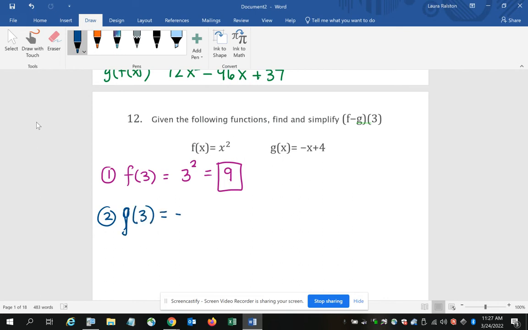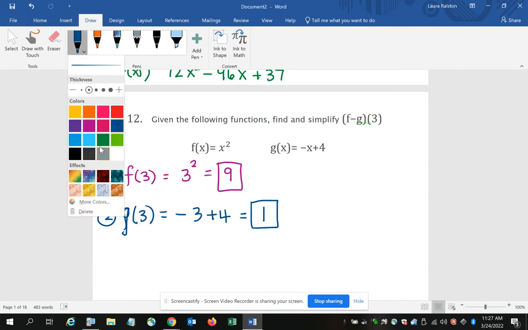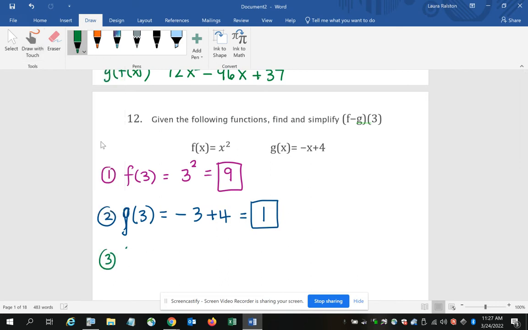So we would have the opposite of 3 plus 4, which is 1. And then finally, we want to find f minus g. So f at 3 was 9, g at 3 was 1, and we want to subtract. 9 minus 1 is 8. That would be your final answer.